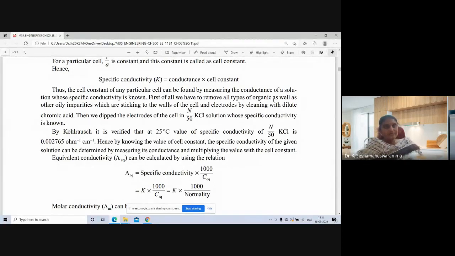You have to remember. And then equivalent conductivity is equal to specific conductivity into 1000 by C equivalent, that is, K into 1000 by normality of solution.